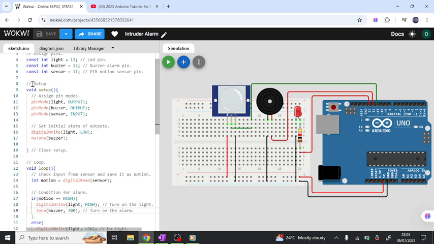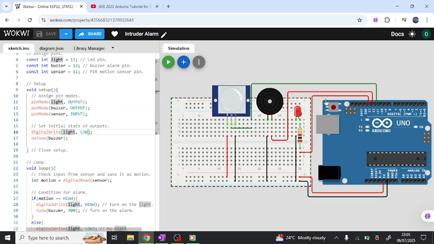So these first parts, the setup parts, this is where we set up the state, whether the pin should be output or input, which we have done. Then in the same setup function, what we did here is set the initial state of the output for digital write.